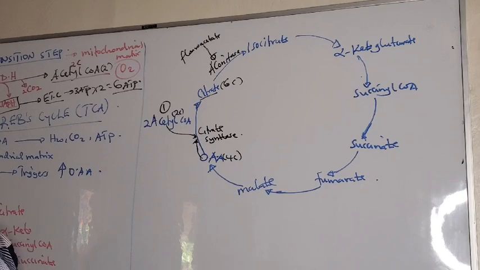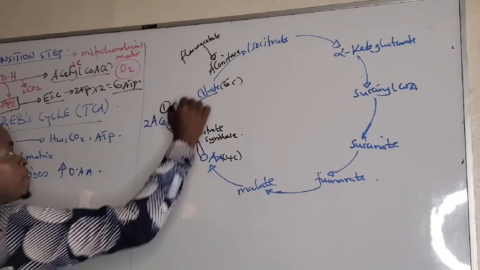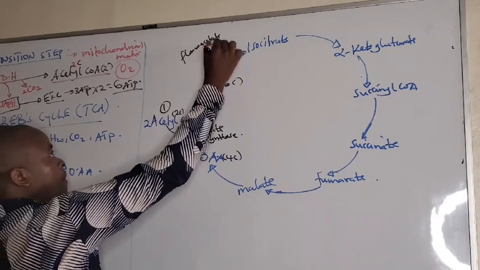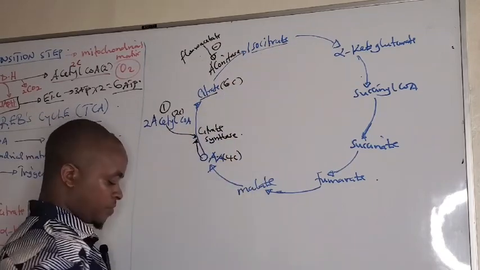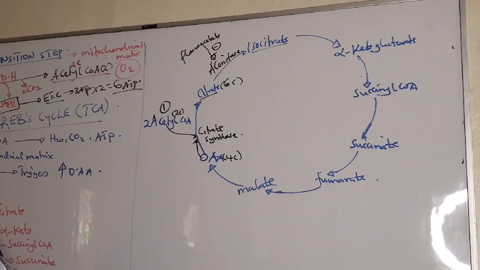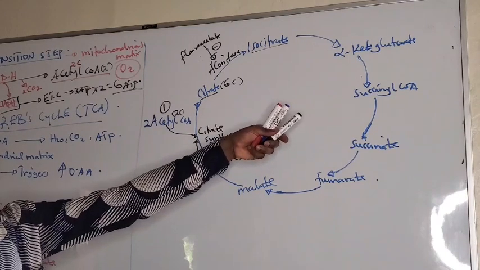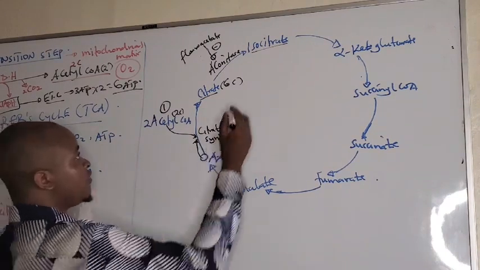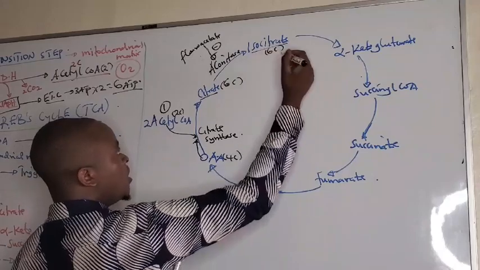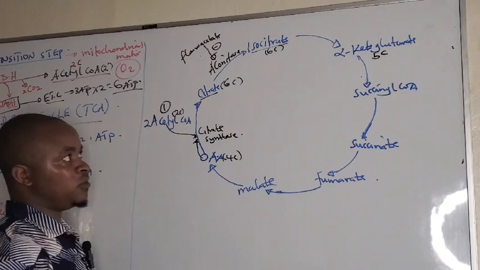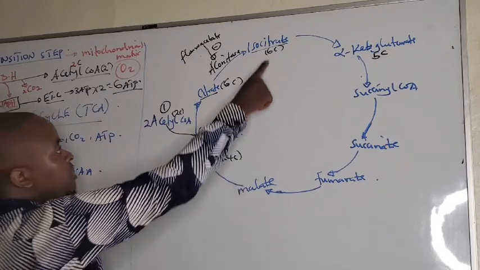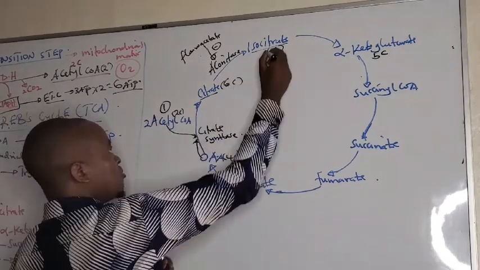Fluoroacetate inhibits aconitase. Then the isocitrate, which is formed here, is oxidized to alpha ketoglutarate. And this isocitrate is a 6-carbon sugar, and we are forming a 5-carbon compound, meaning we are losing a carbon molecule.